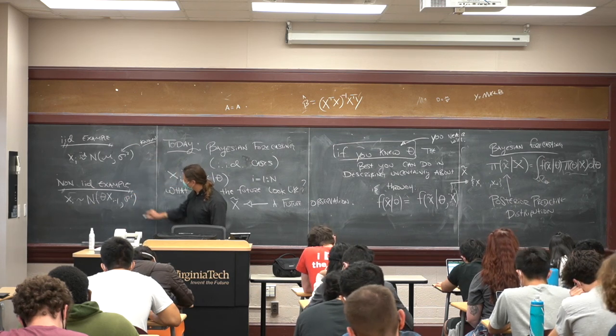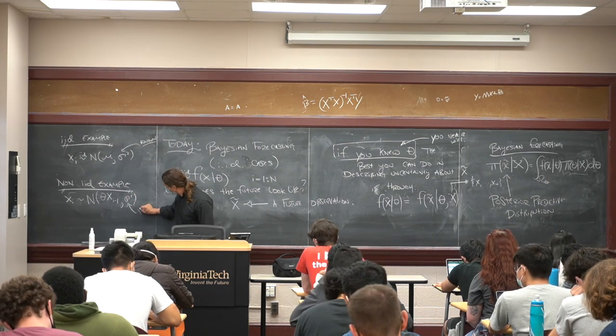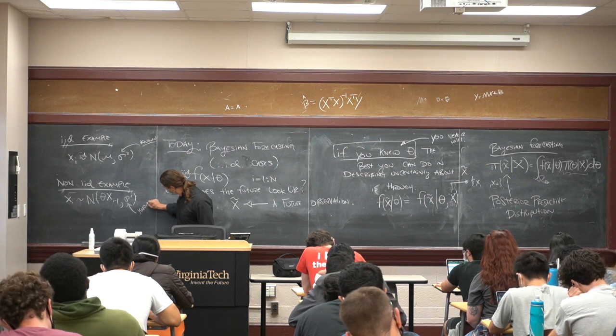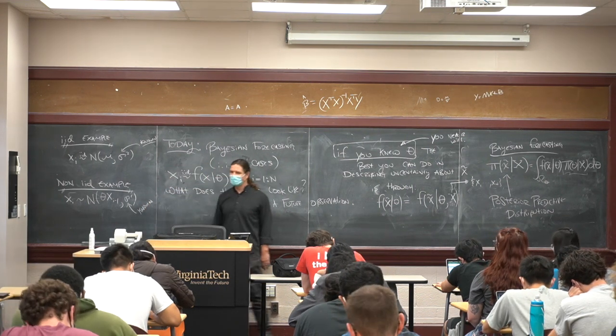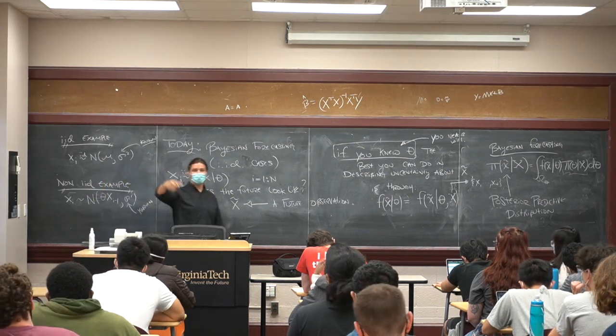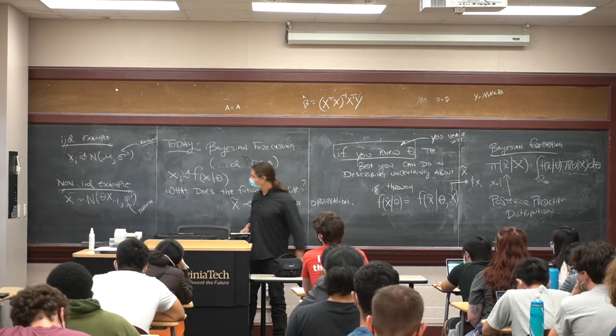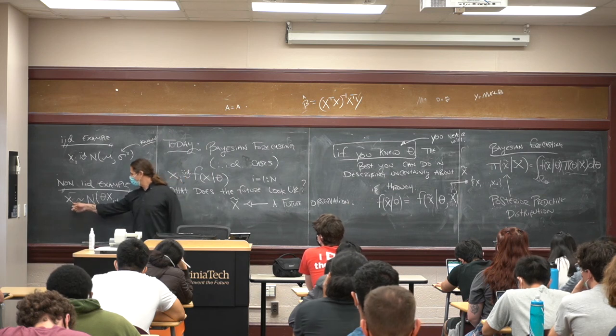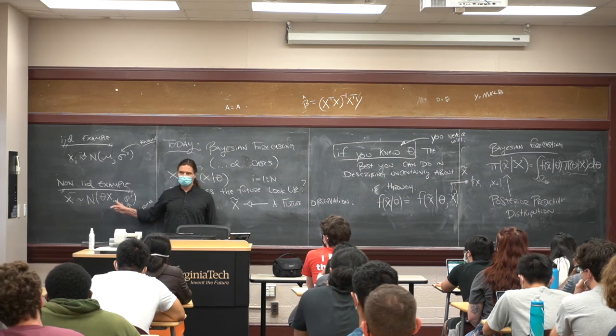Sigma squared, and I'm going to let this be known. So this xi, the mean is mu, and it doesn't change. This xi depends on xi minus 1.